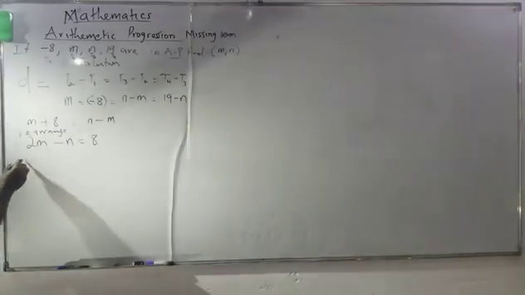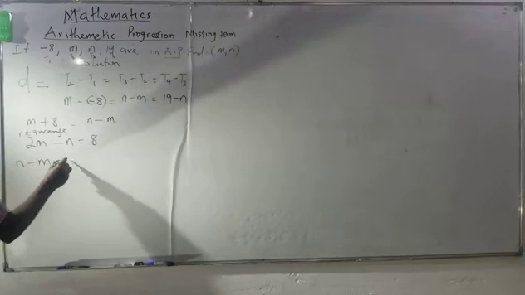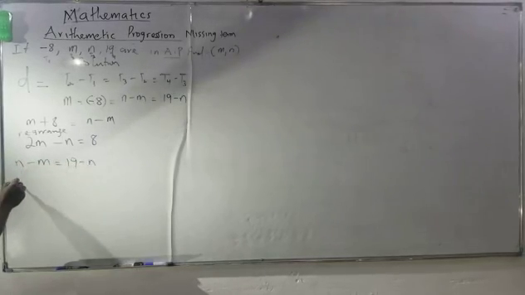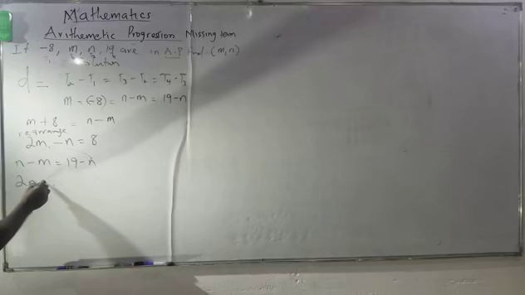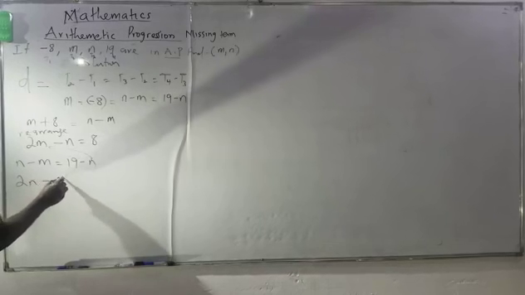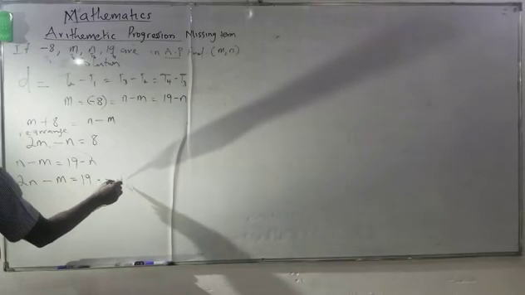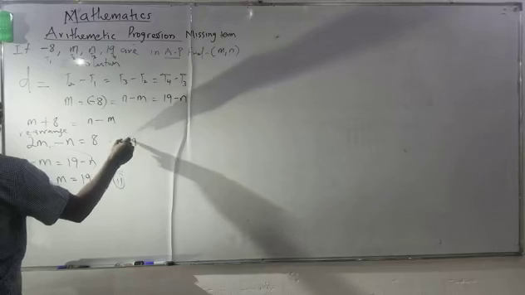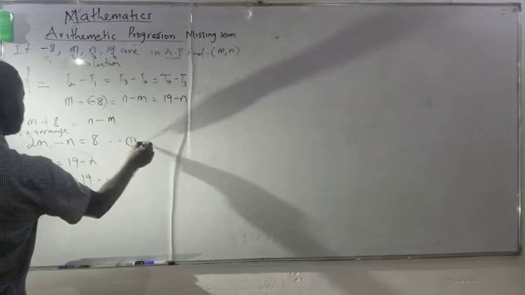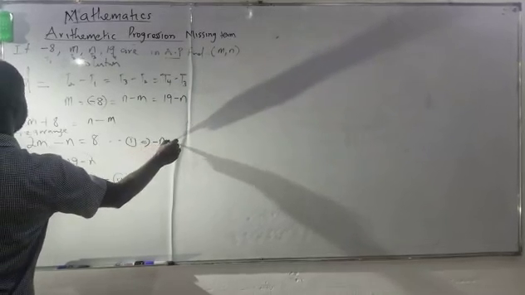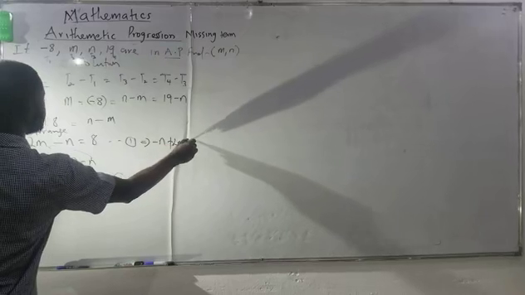I'll move on to the next one, which is going to be n minus m equals 19 minus n, so 2n minus m equals 19, equation 2, and the other is equation 1. Now, I need to rearrange this. I want to rearrange one that will be fine for me. I might say that this one is also minus n plus 2m equals 8.